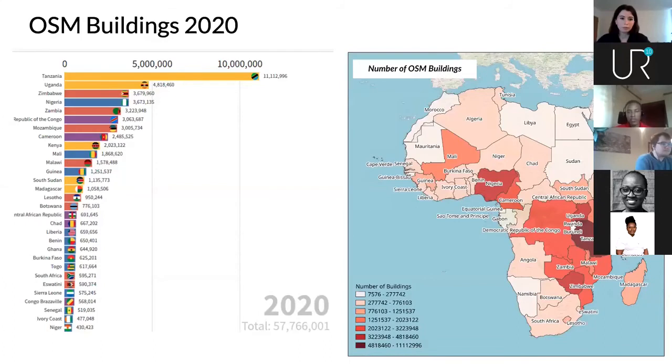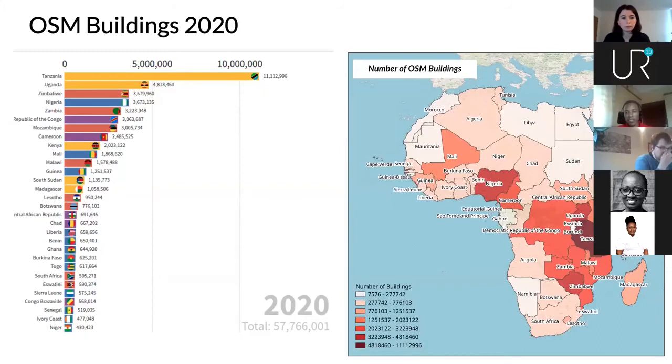But we also tried to look at where the data exists. Of course, this data comes in, some of it from humanitarian mapping, other from local mapping. We see here that Tanzania, Uganda, and Zimbabwe are the countries with the highest number of building edits.